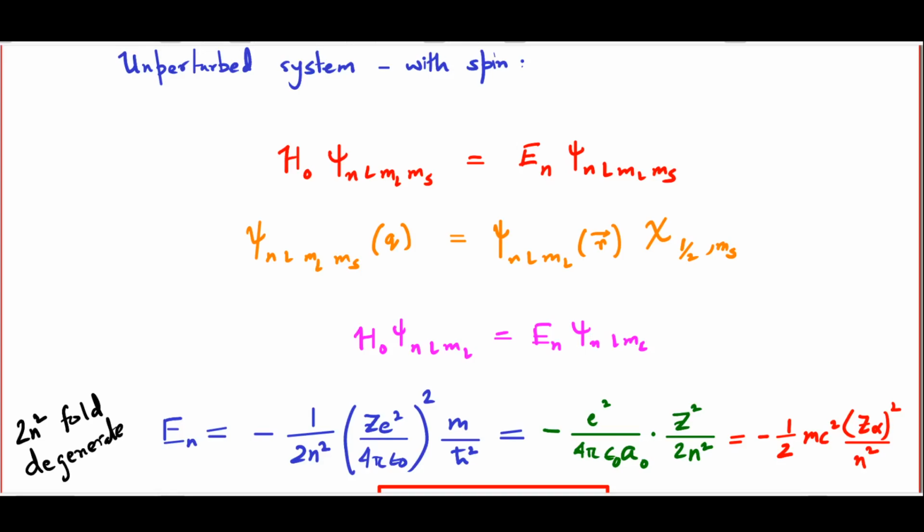So the part which depends on r vector is written psi n l ml r and is multiplied by the spin state chi, which is dependent on 2 quantities s and ms. S is of course always half, as I've said, and ms tells you whether you are going to get the spin up state for ms equal to plus half or the spin down state for ms equal to minus half.